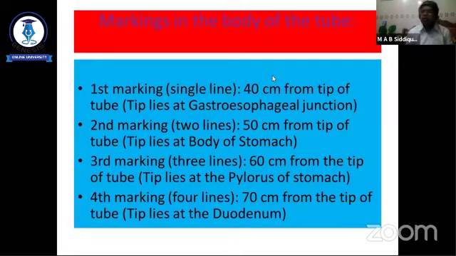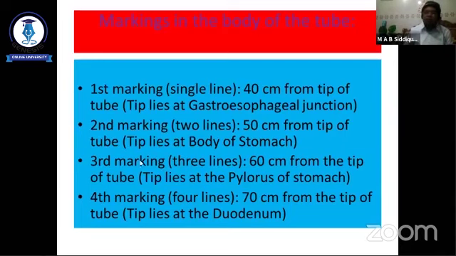This marking is helpful depending on what purpose you want to introduce it for. It is a misconception that in case of feeding purpose, reaching the body of the stomach is enough.